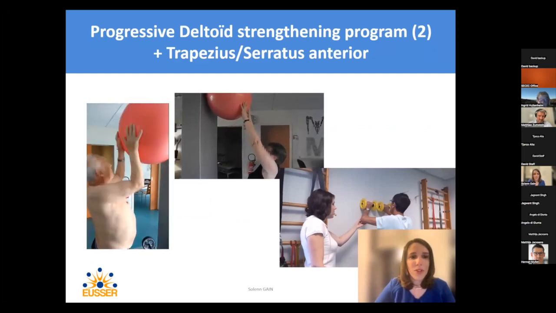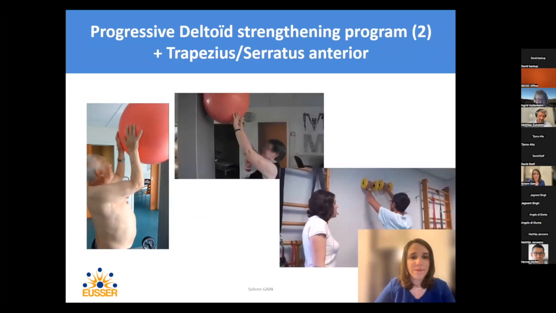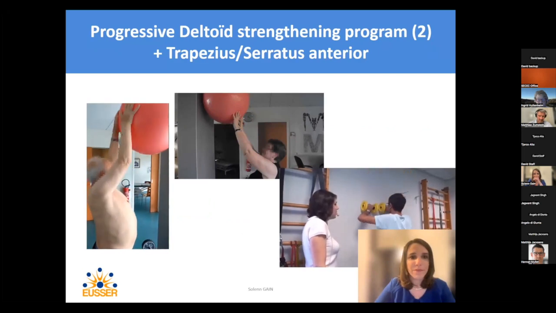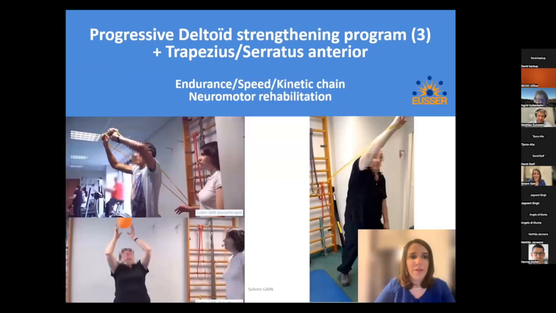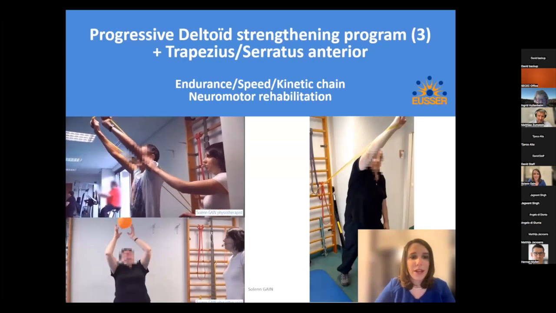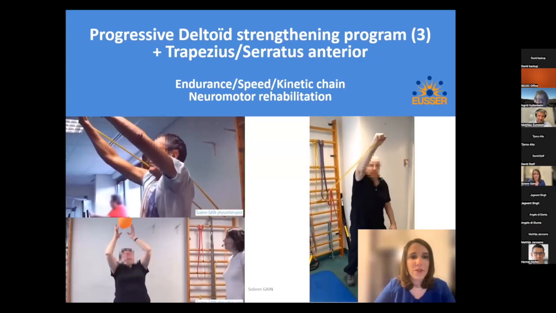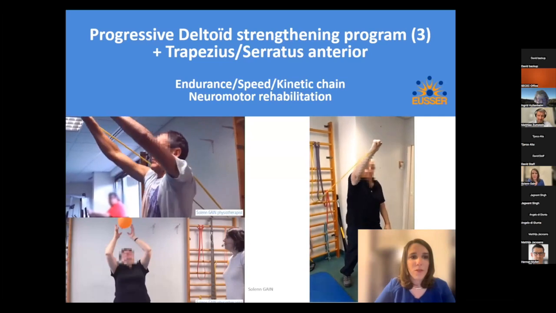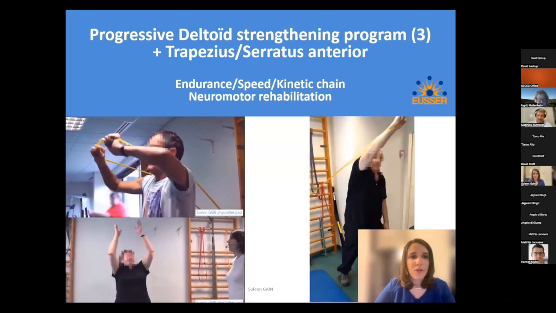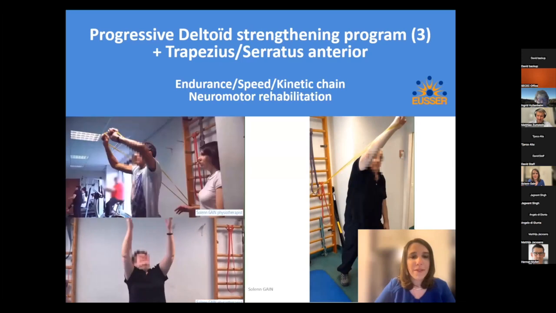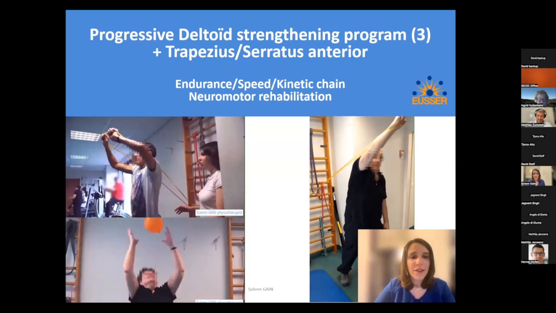And we can work in a high position to activate also muscles of the scapula, like here, serratus anterior. In progression, we can add elastic band for the patient. We have to improve endurance, strength, speed, and we can use kinetic chain and use neuromotor rehabilitation.